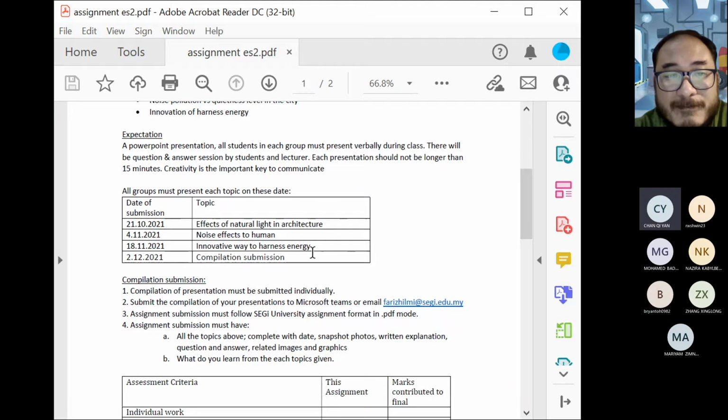For the noise effect on humans, do we need a comparison to other places? For noise effects on humans, you can do general, because it is almost the same for anyone.